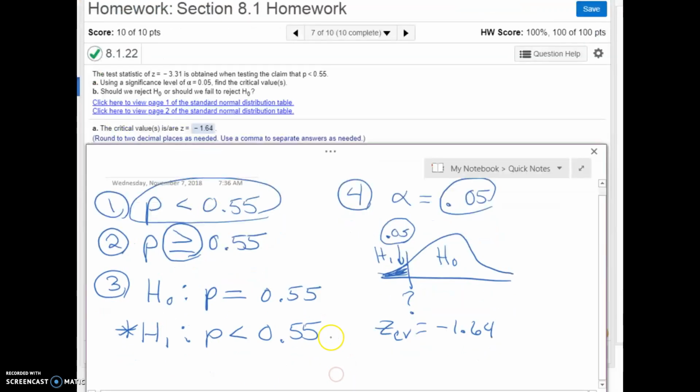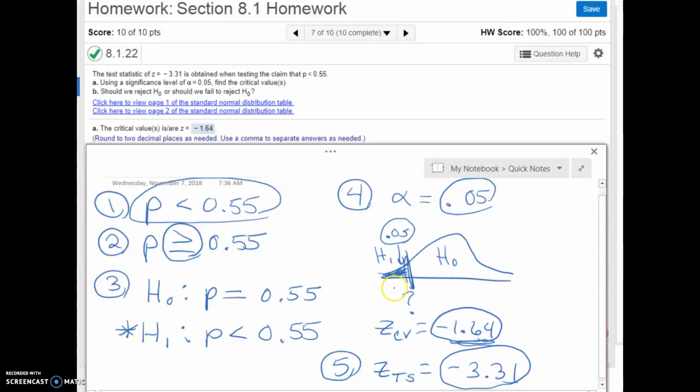So step 5 is taking our test statistic, z test statistic, which they say is negative 3.31, and we compare it to our critical value. Our critical value is right here, that's negative 1.64. Negative 3.31 is going to fall way over here somewhere.